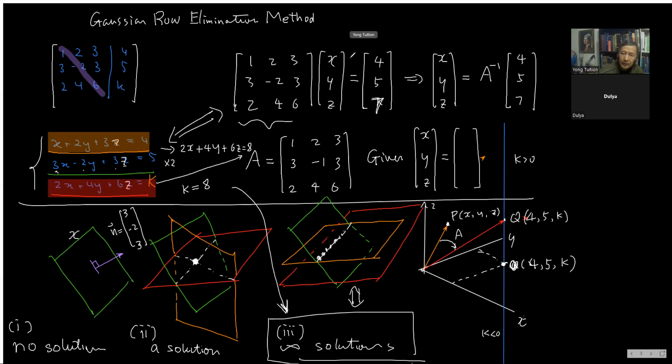In this special case, they are exactly not just parallel, but overlap. Can you see? So this is k not equal to 8. But in this case, k is equal to 8.